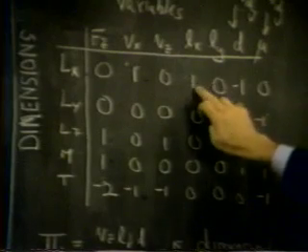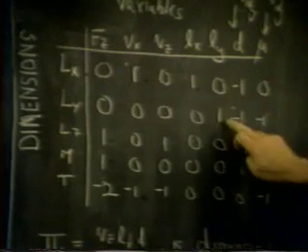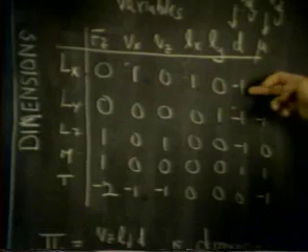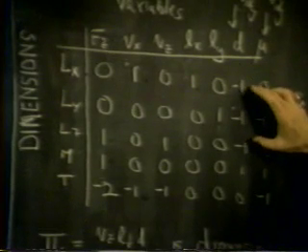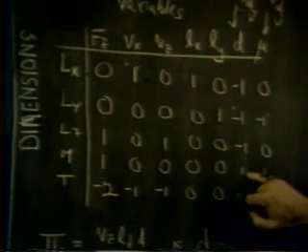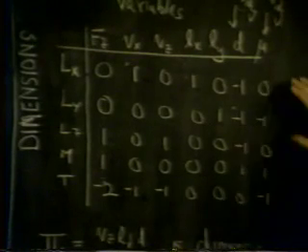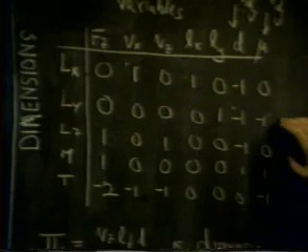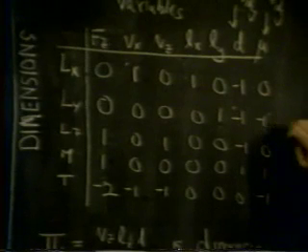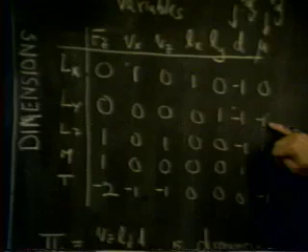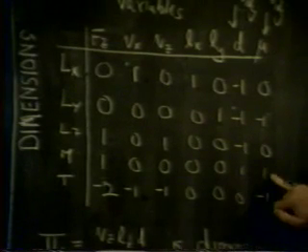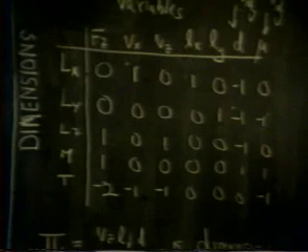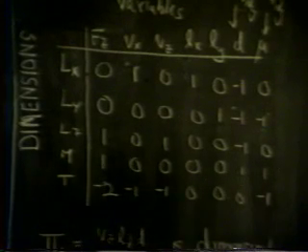Length in the x direction is length in the x direction. Y direction is that. The density involves the three lengths to get the volume, all inverse, and the mass in direct proportion. And then the one you have to look up is viscosity, which depends on the length in the y direction, the mass, and the inverse of time.